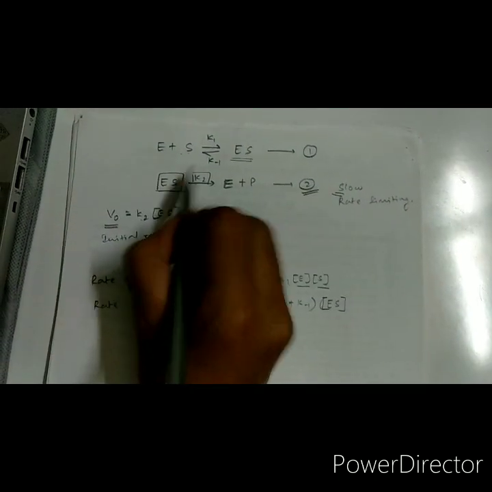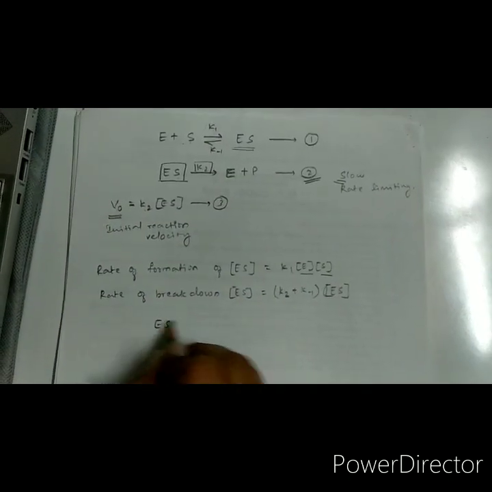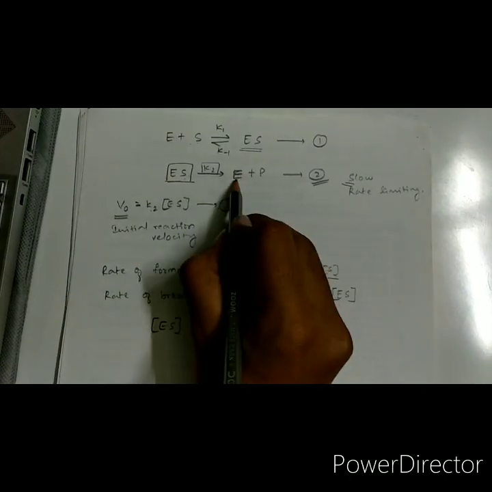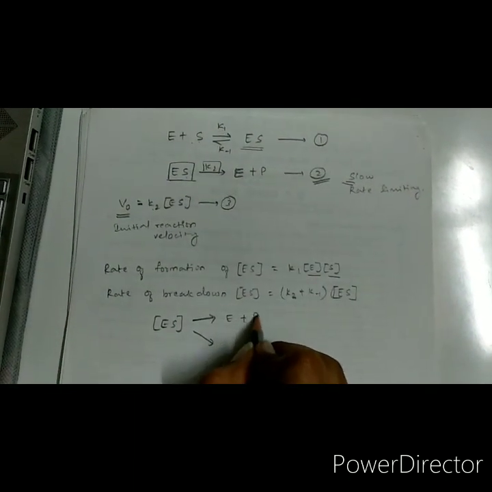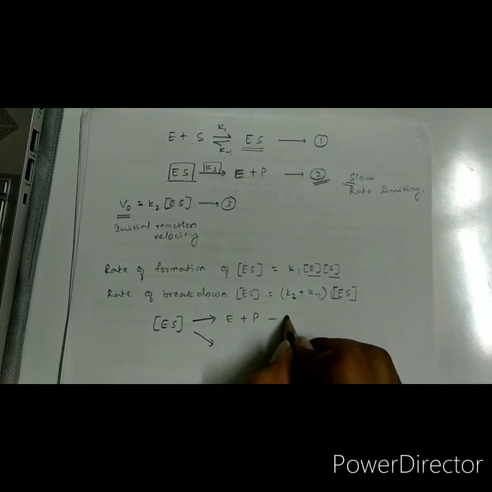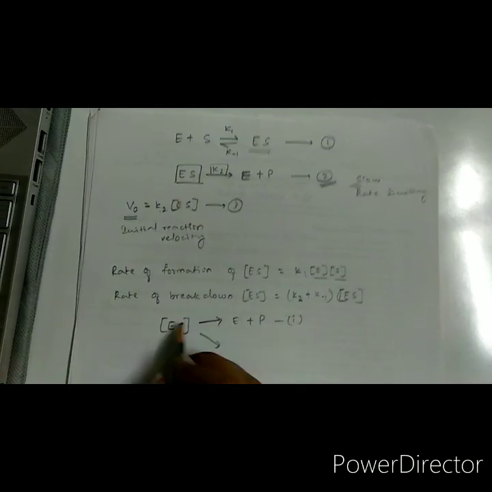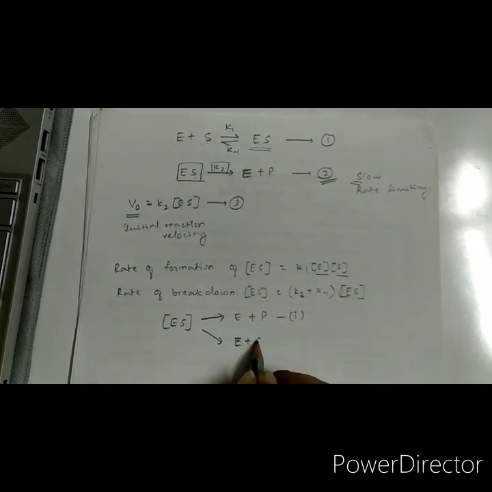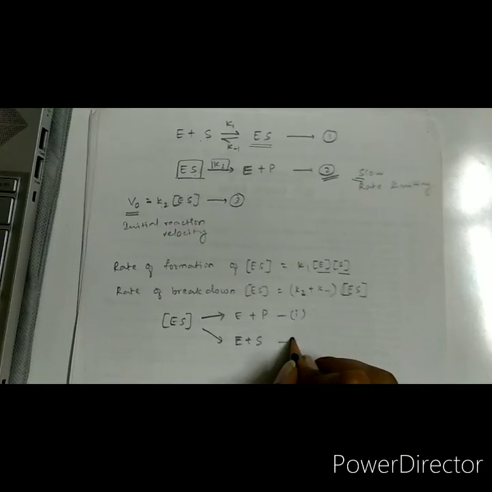Now this ES can be broken down in two ways. One possibility is that it is converted into enzyme and product, or the second possibility is that it gets converted back to enzyme and substrate.